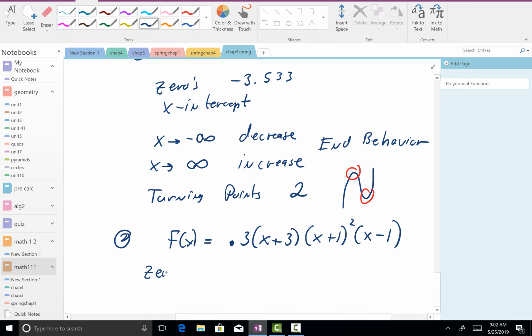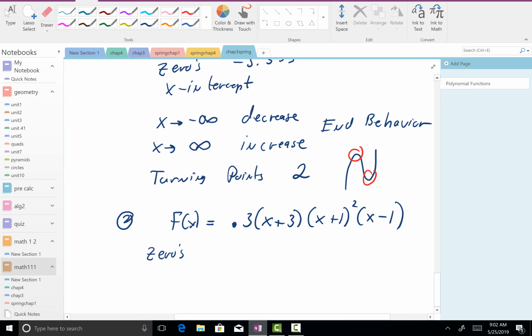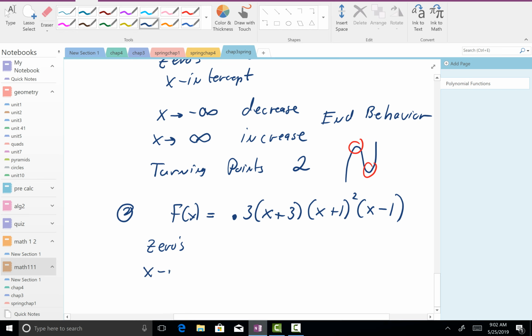Somebody tell me that. X-intercepts and zeros without graphing it. -3, -1. Very good. So when it's in factored form, you know it, right? You don't have to graph it. That's what's kind of nice about it. -3, -1, and 1. Okay? There, we got that done.